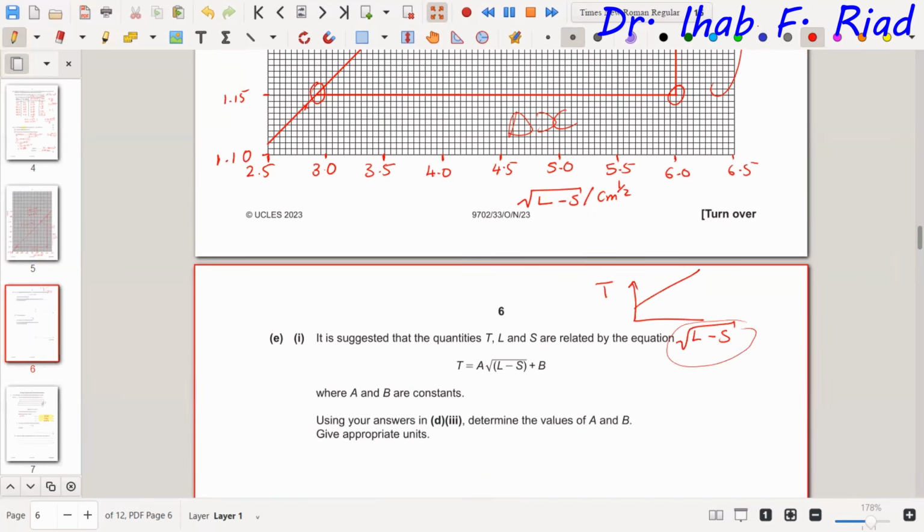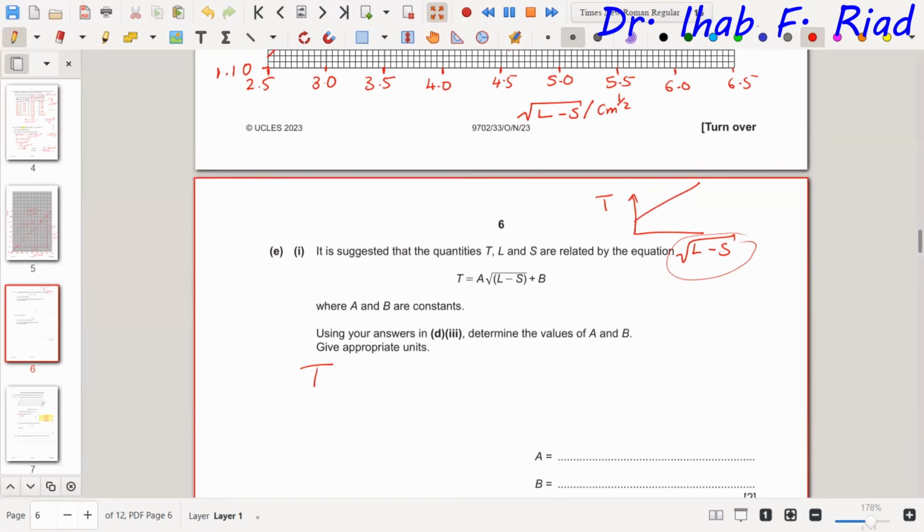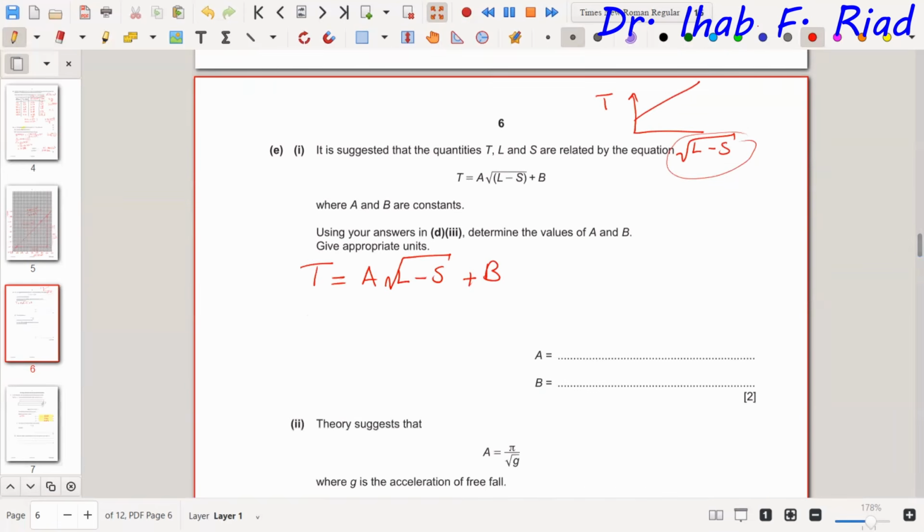Then we write here T is equal to A square root of L minus S plus B, and we compare this equation with the equation of a straight line, y is equal to mx plus c. So the dependent variable was T, and square root of L minus S is the independent variable.